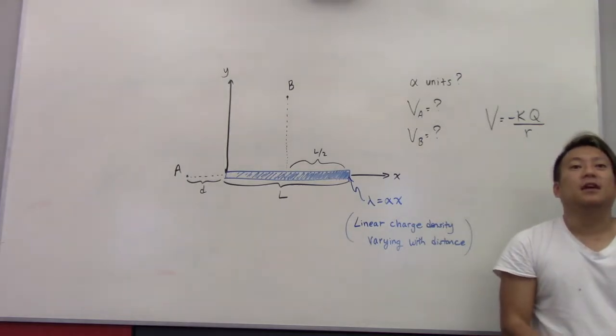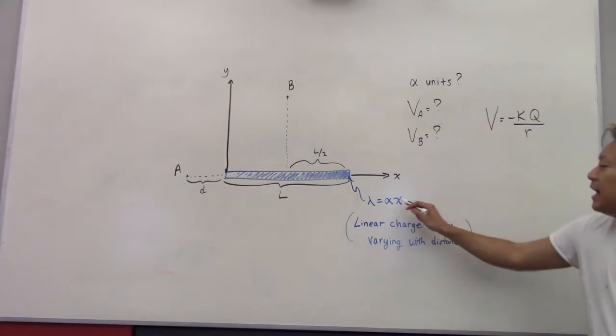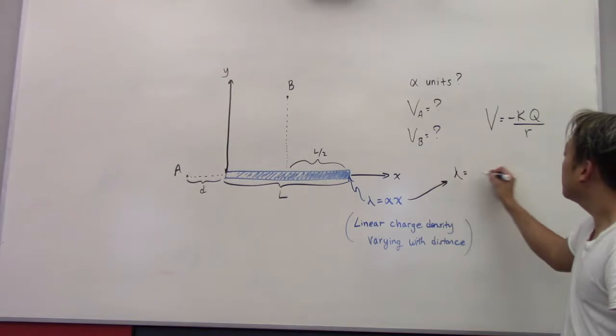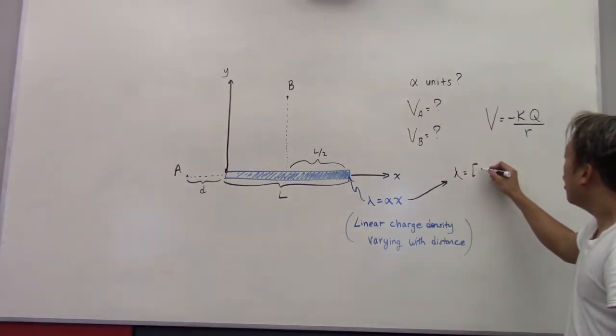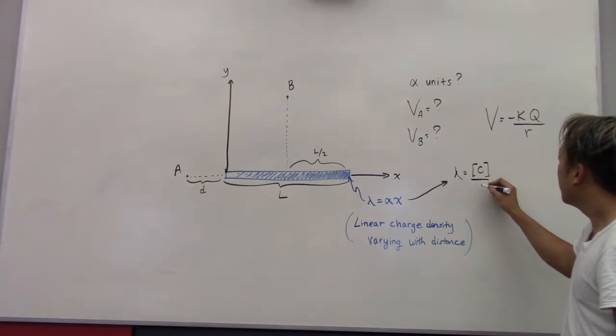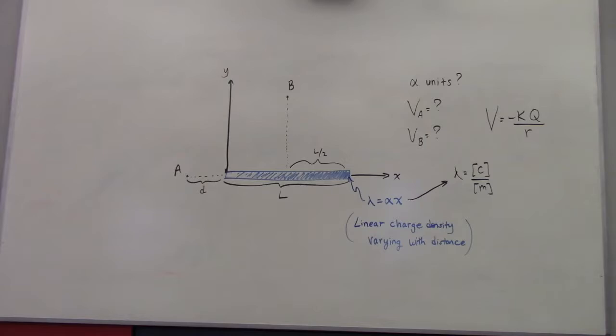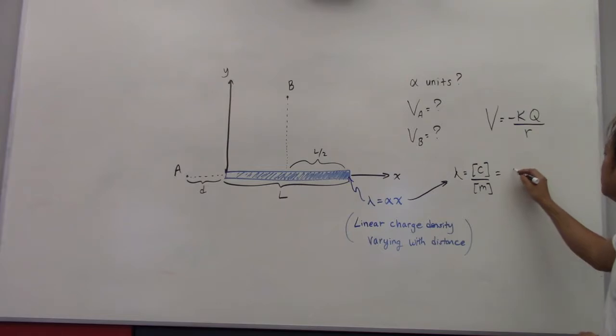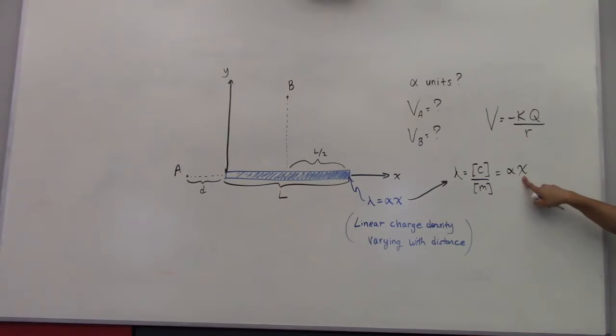Let's look back at the units. Lambda, like we said, looking at its units, is charge, coulombs, per distance. So if I set this equal to alpha x, we know this x here is a distance, meters.